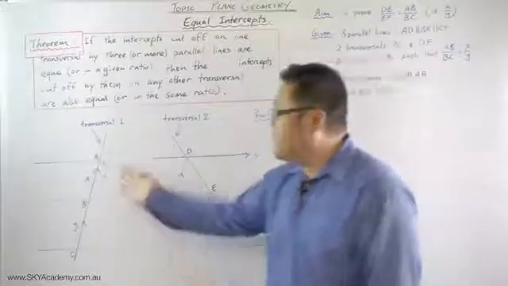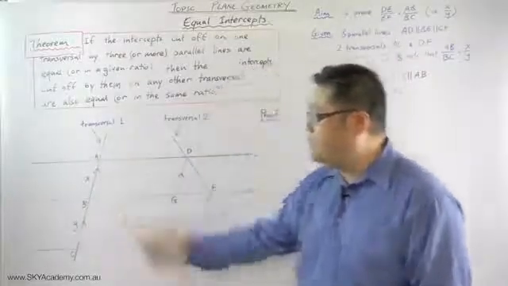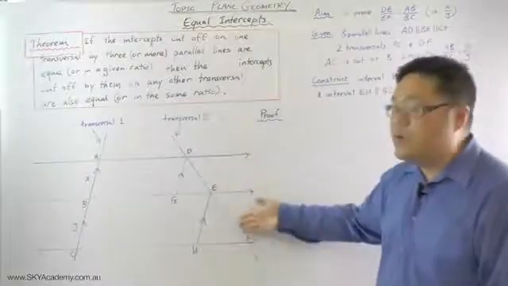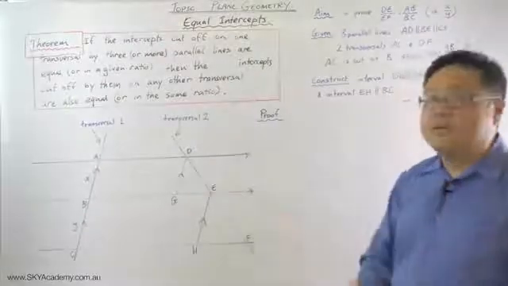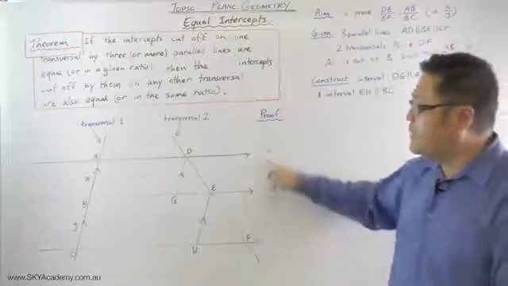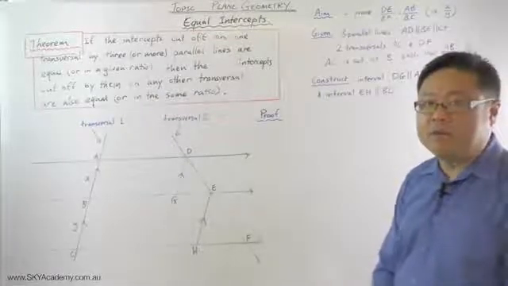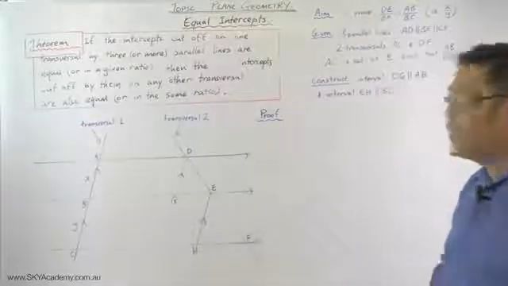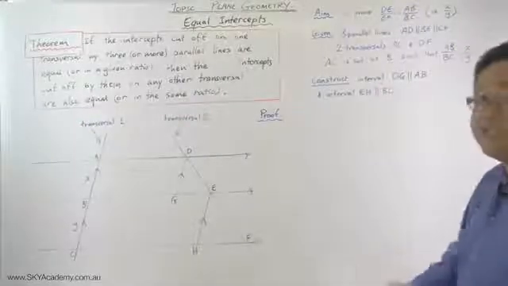Whatever ratio this is in will be the same ratio that this is in, simply by virtue of the fact that these three lines are parallel. Got it?